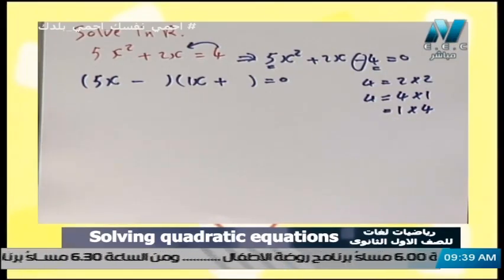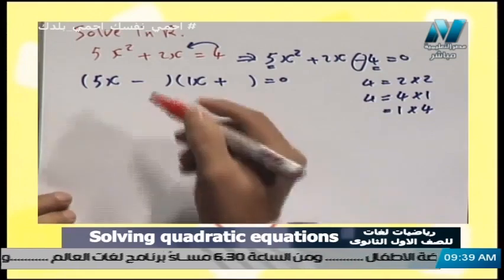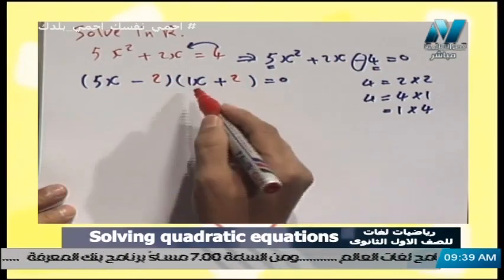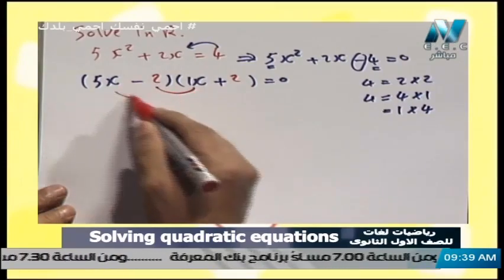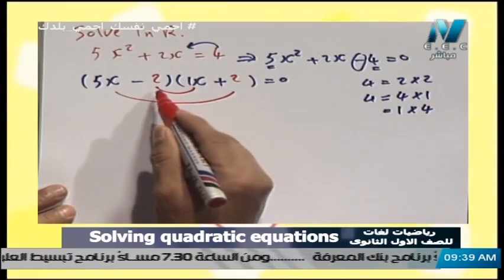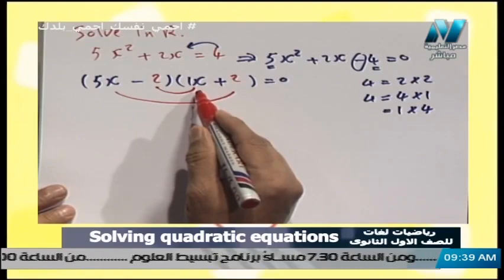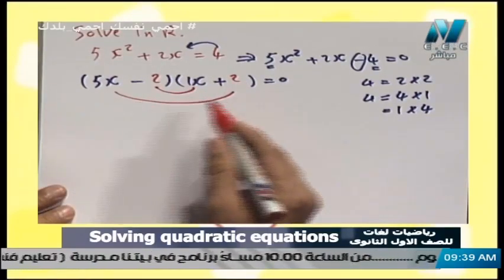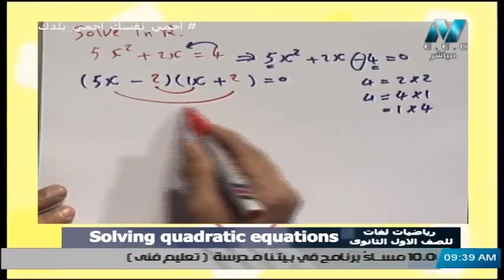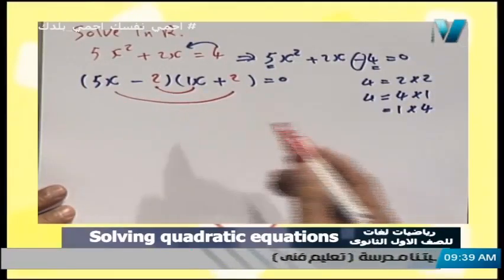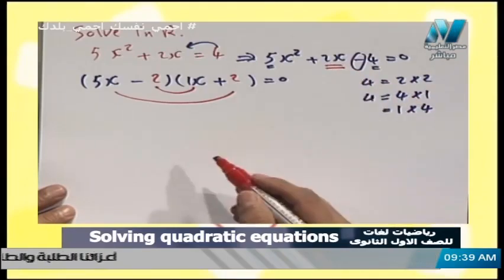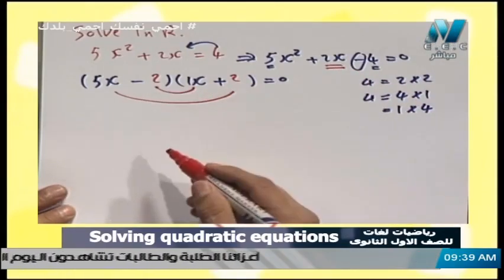Okay, first we will put 2 multiplied by 2 to check. Find the product of means and product of extremes. The product of means here is negative 2x and product of extremes equals 10x. Negative 2x plus 10x equals 8x, but the middle term here equals 2x, so it's not 2 by 2.